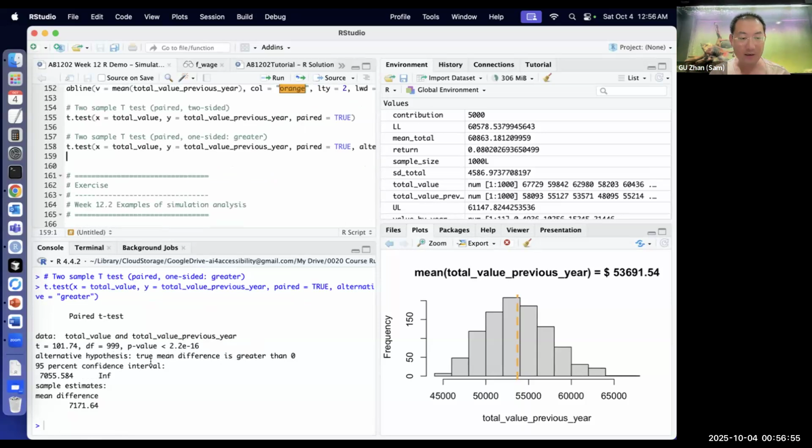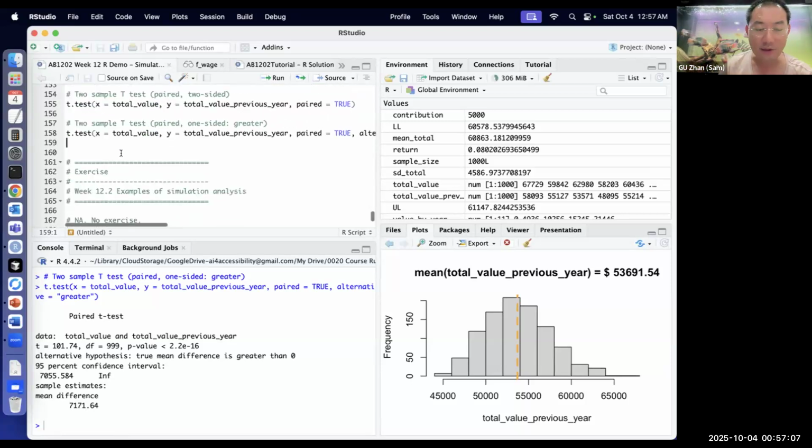So what I'm explaining here is two sample t-test and the paired two sample t-test and two-sided t-test and one-sided two sample t-test. Okay. So what it's saying here is your total value will be at least $7,055 more than the end of 9th year's total value at 95% confidence.